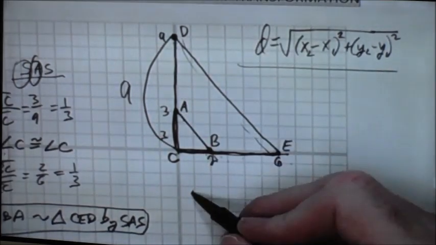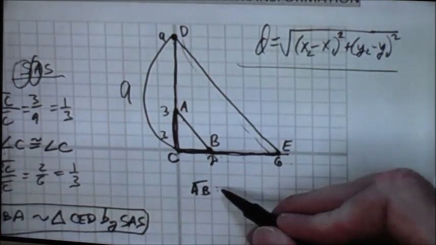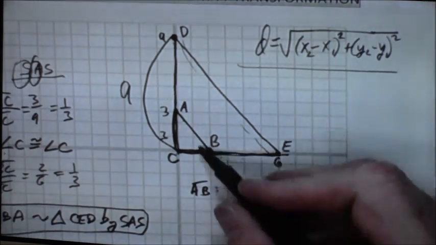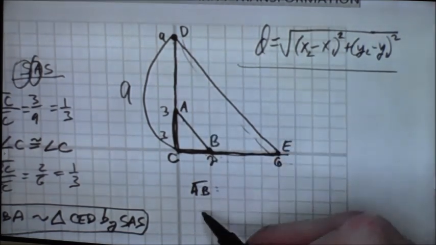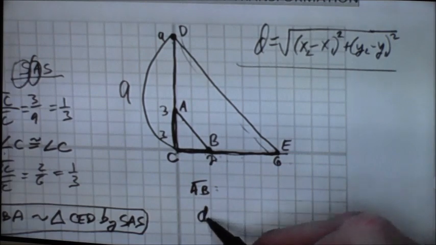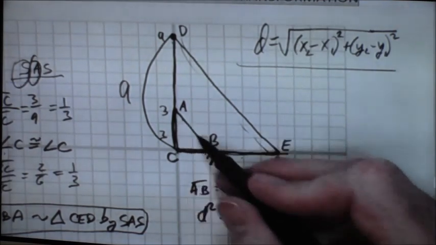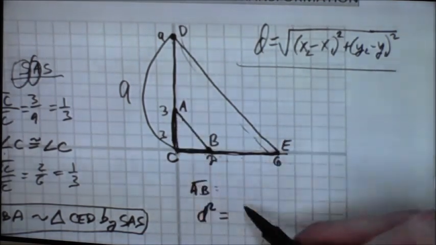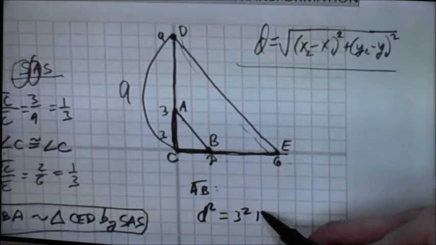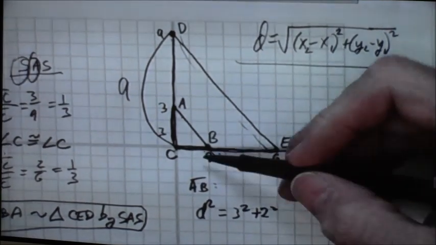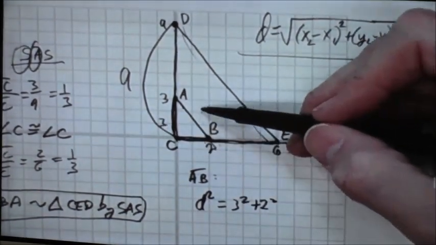So for the length of AB, this distance here, that distance squared is equal to 3 squared plus 2 squared. So a squared plus b squared equals c squared.